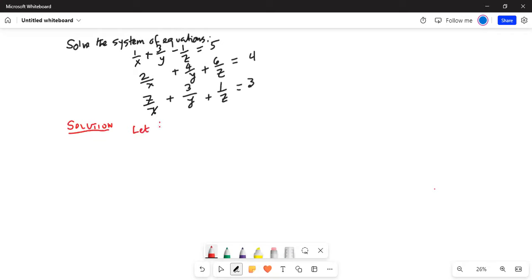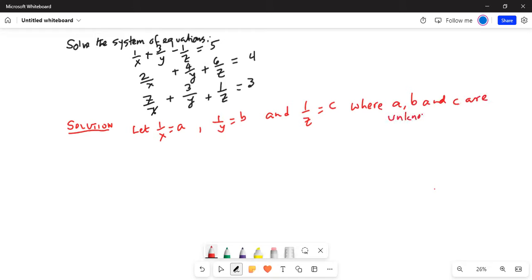Let 1 over x is equal to a, 1 over y is equal to b, and 1 over z is equal to c, where a, b, and c are unknown variables.